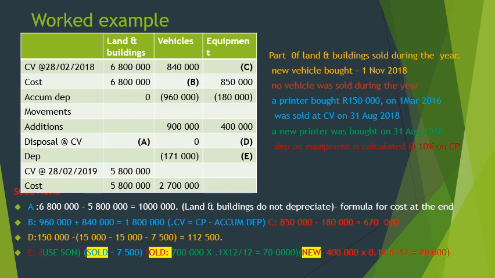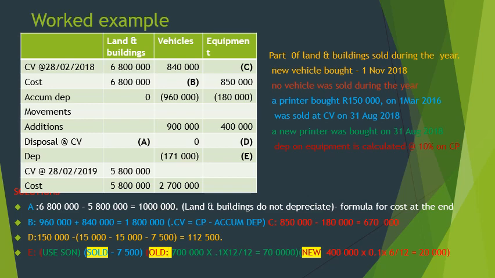The old, if you go back to the equipment, our cost price was 850,000 minus the cost of the asset sold, because we are calculating depreciation for the old separately, to give us 700,000 times 10% times 12 over 12 to give us 70,000. Then new, it is 400,000 multiplied by 10% for 6 months, 20,000.